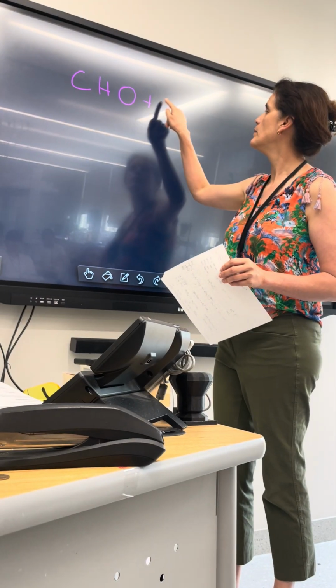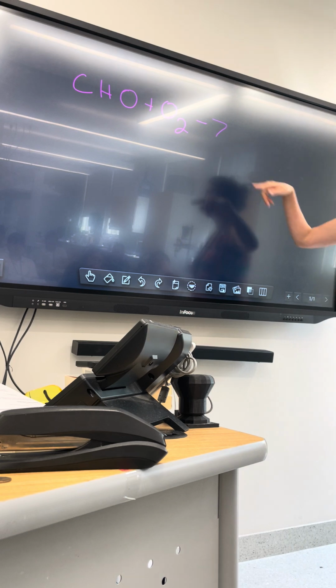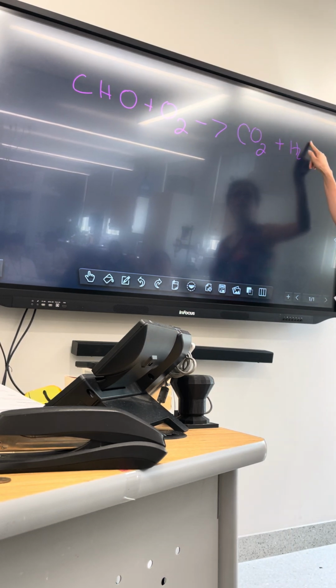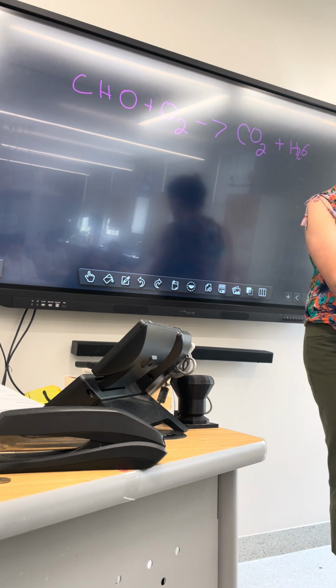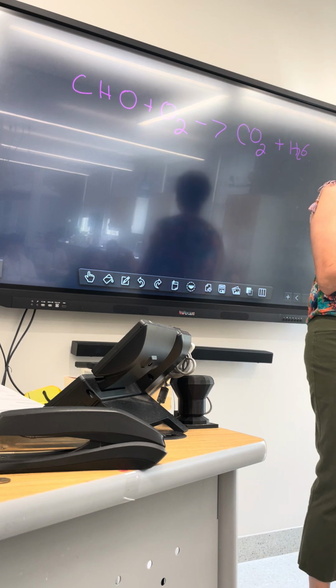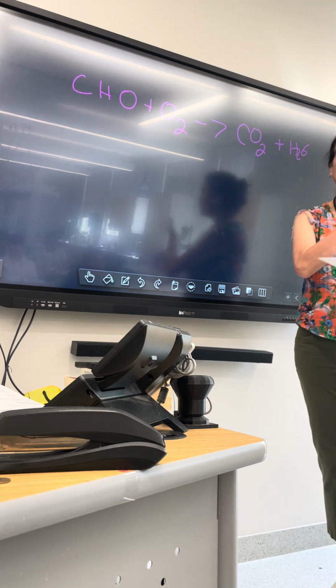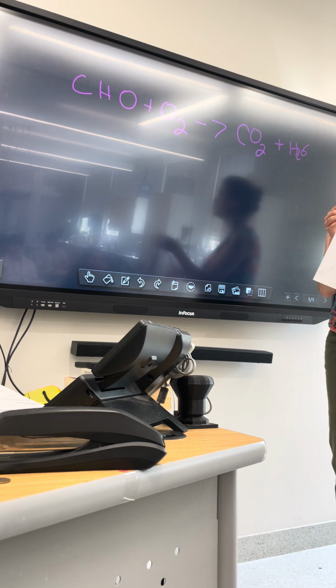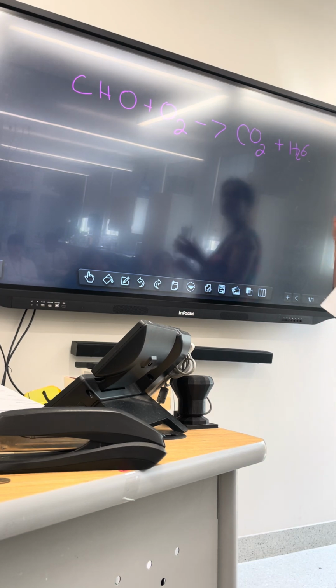CHO plus O2, what does it make? CO2 plus H2O. But it didn't. It made all these little things that fell out. Why? Incomplete combustion. Only 20% of the air I have in here has oxygen. So a lot of that doesn't burn all the way because it doesn't have enough oxygen.